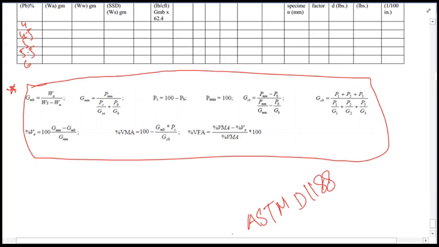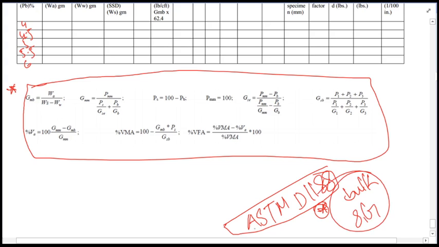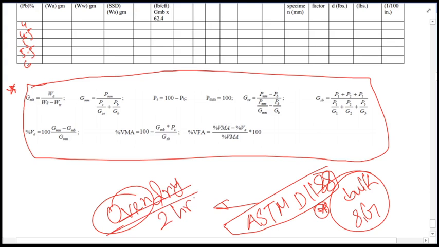This is the standard using which we can determine the bulk specific gravity, and I cannot remember what I have said earlier. For this you might need to keep the specimen in oven dry condition, in the oven for at least 2 hours. I'm just summarizing things.